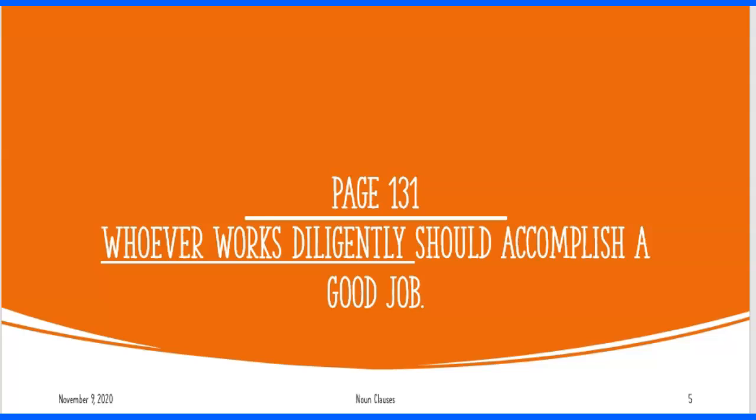Well, you might want to say to me, whoever. Okay, let's say that. Whoever should accomplish a good job. Well, that doesn't really make sense. I need more. Now, I could also say whoever works should accomplish a good job. Well, I know a lot of people who work who do not do a good job. So I really need all 3 of these words. Whoever works diligently should accomplish a good job. So this whole group of words will be your subject.